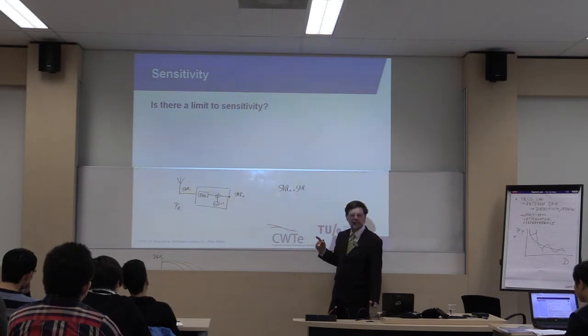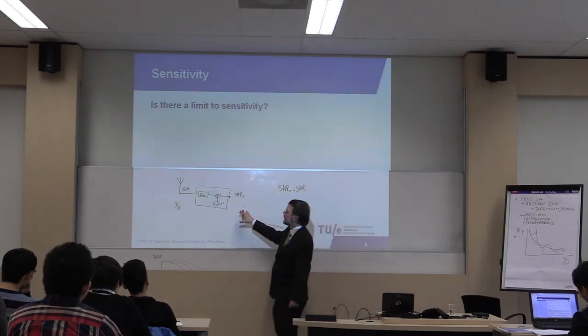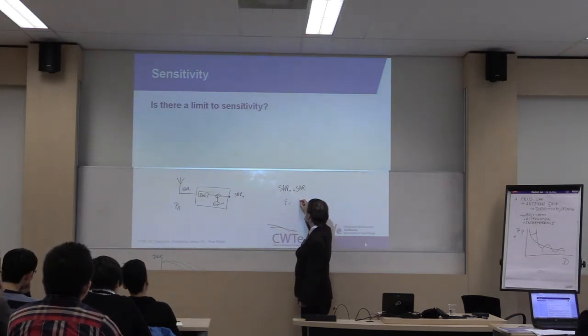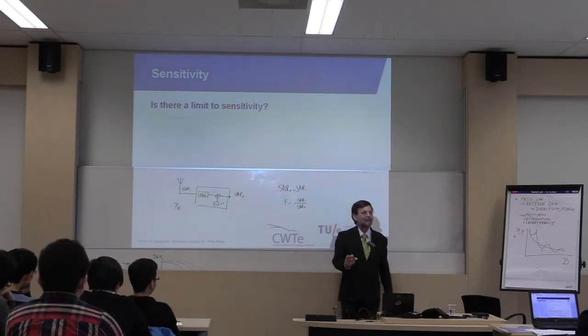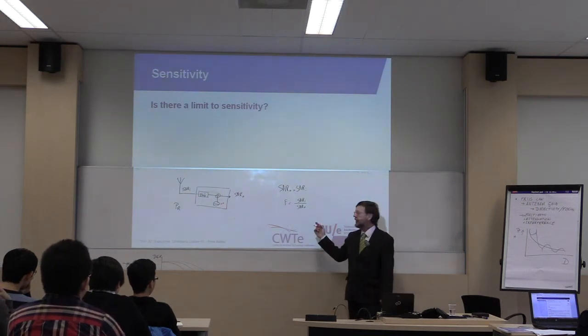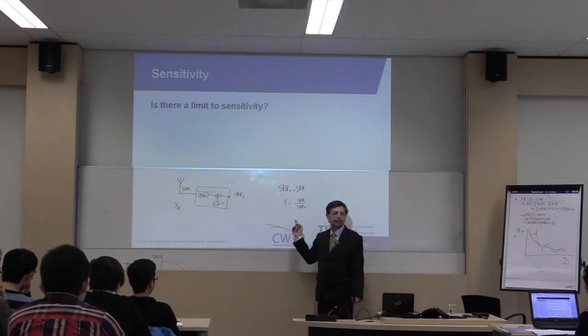So another way of quantifying the quality of this radio is I can say I have a quality number that is my signal to noise ratio at the input divided by the signal to noise ratio at the output. And this is what we call the noise factor. This is a quality indicator for my radio.